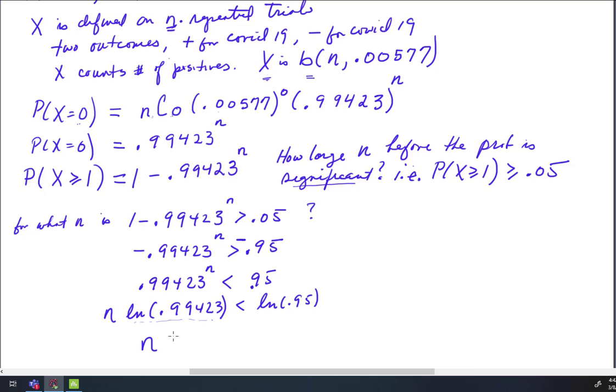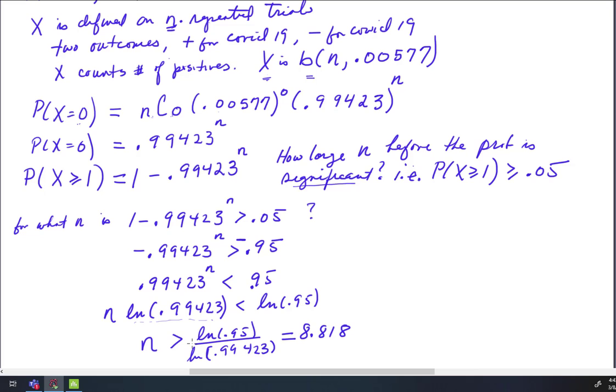So I'm going to get n greater than natural log 0.95, and then what I'm dividing by is the natural log of 0.99423, and that's equal to 8.818.